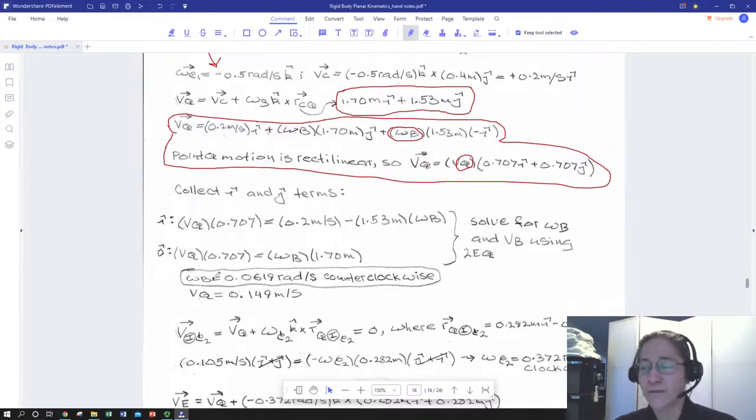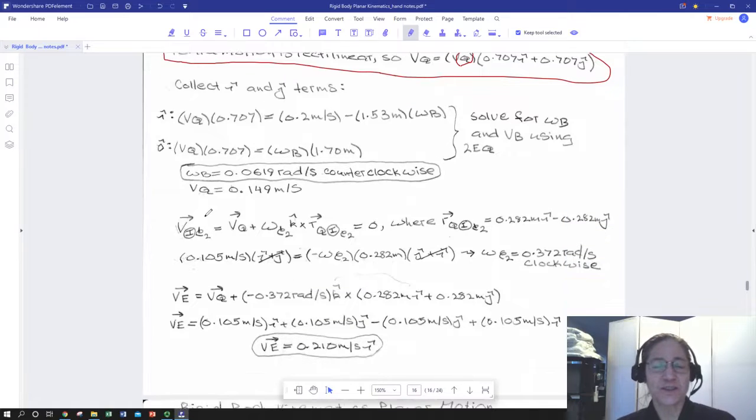And once we have the velocity of the center point of our second cylinder, we already knew the angular velocity of that second cylinder. We're home free to get the velocity of any point on that second cylinder. So I actually did this in 2 steps.